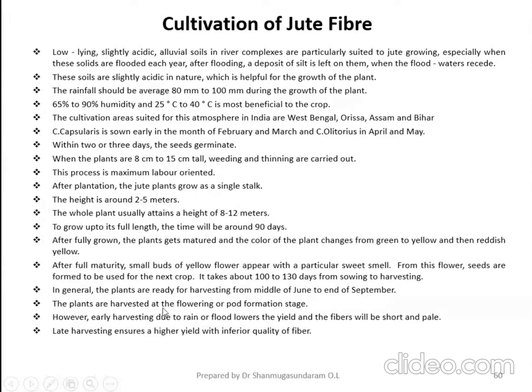The plants are harvested at the flowering or pod formation stage. However, early harvesting due to rain or flood lowers the yield and the fibers will be short and pale. Late harvesting also ensures a higher yield with inferior quality fiber.